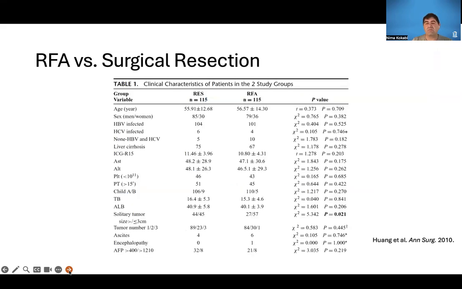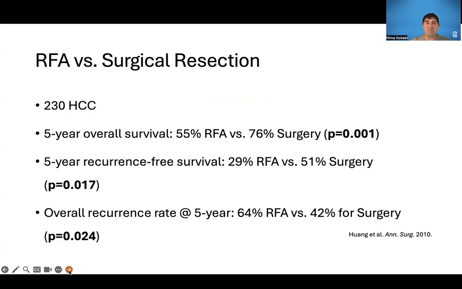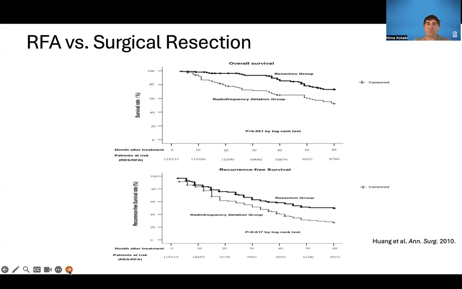No difference in the clinical or demographic characteristics of the two arms of the study. 230 patients, the overall survival, recurrence-free survival, 5-year recurrence-free survival, and overall recurrence rate at 5 years all favor significantly towards the surgical group versus the RFA group, meaning that basically the oncologic outcome as a whole, whether it was survival or recurrence-free survival, was significantly better for the surgical group.